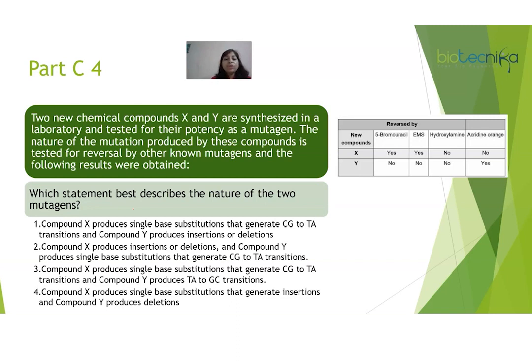The nature of the mutation produced by this compound is tested for reversal by other known mutagens, and the following results were obtained. Which statement best describes the nature of the two mutagens? So first of all, let's see, 5-bromouracil and ethyl methane sulfonate and hydroxylamine, they all produce transition.